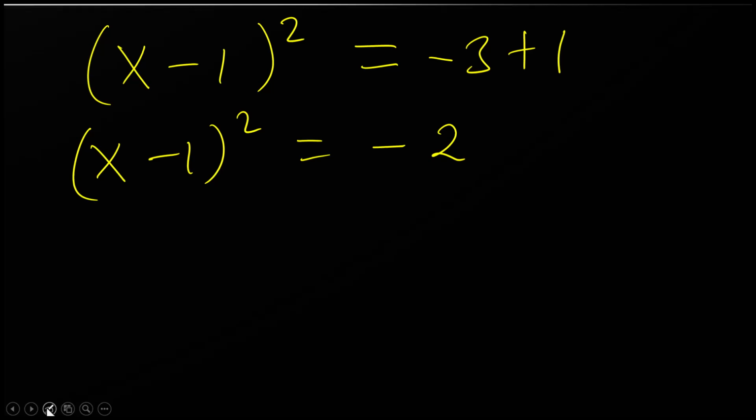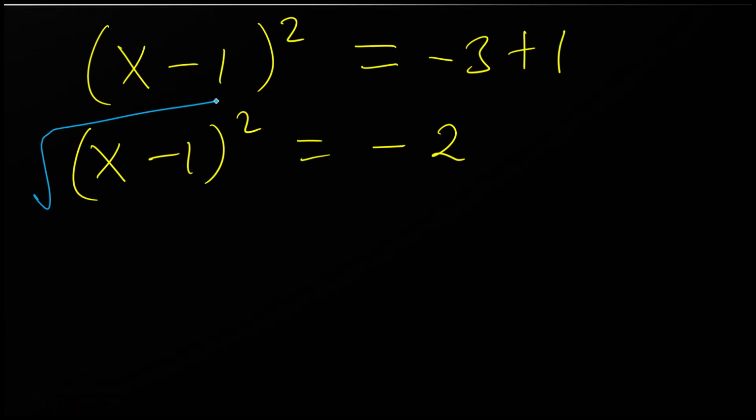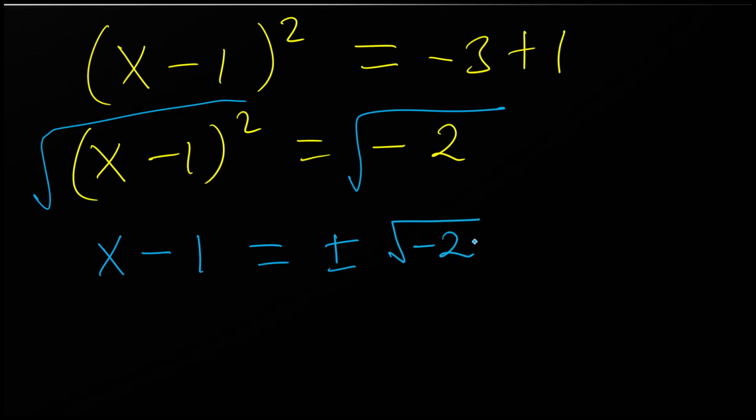So we can remove the power by taking square root on both sides. So that will be x minus 1 equals plus or minus square root of minus 2. Now since this one is sending us to complex numbers, let's recall that square root of minus 1 is the same as i.